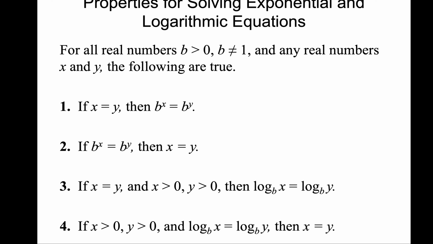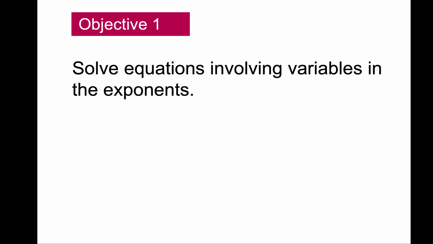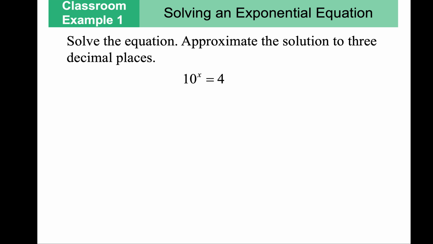And then number 4 is the restatement of number 2 with logarithms. What do these look like? Well, 10 to the x equals 4 would be very difficult to solve, right? 10 squared is 100. So figuring out how to get from 10 to 4 with an exponent would be really difficult. But if the variable is an exponent, and only if the variable is an exponent, you can take the log of both sides.